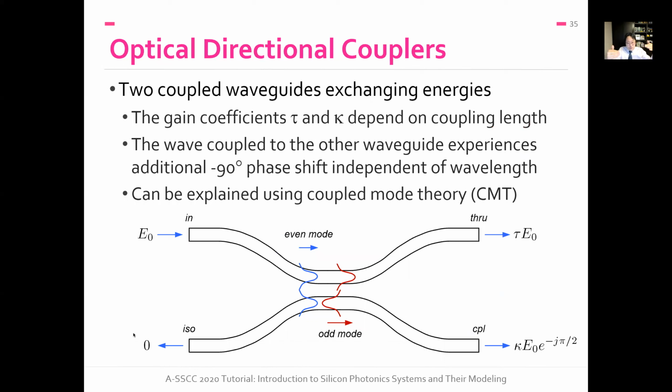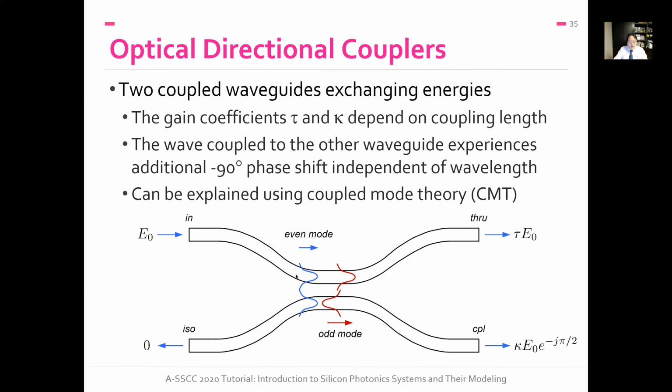If you put two optical waveguides close enough to each other so that they can be coupled, you get a structure called an optical directional coupler. So this is basically two coupled waveguides that can exchange energy.